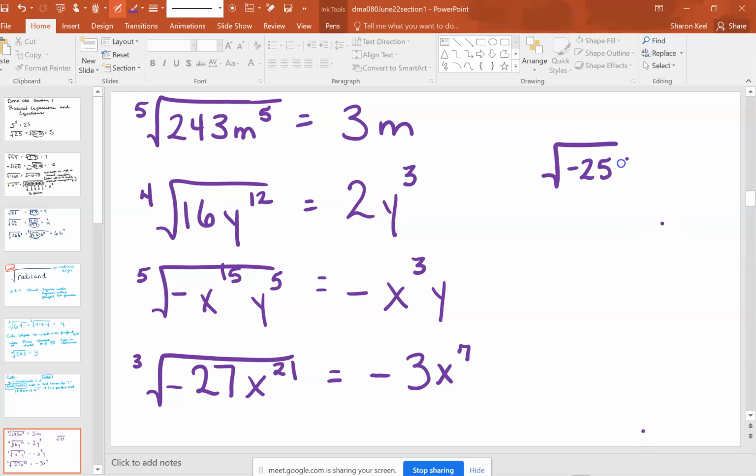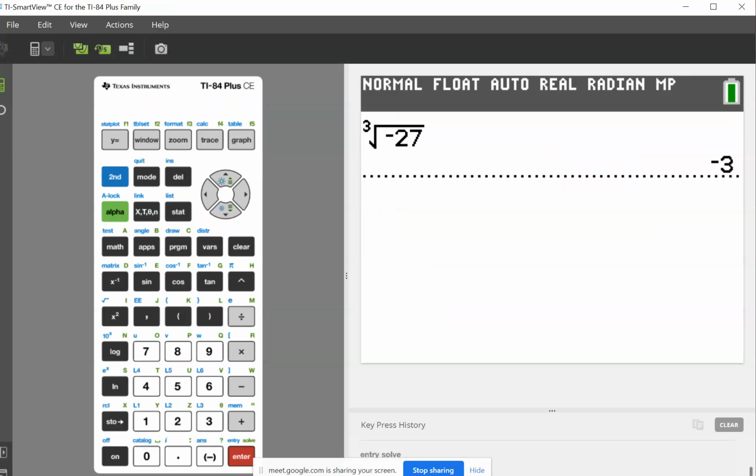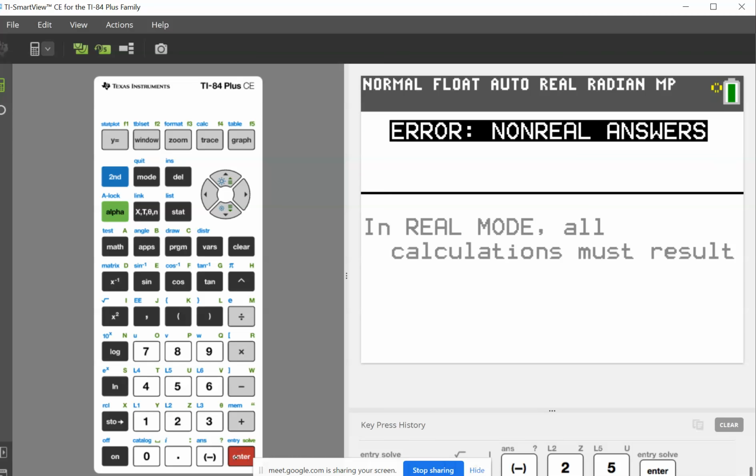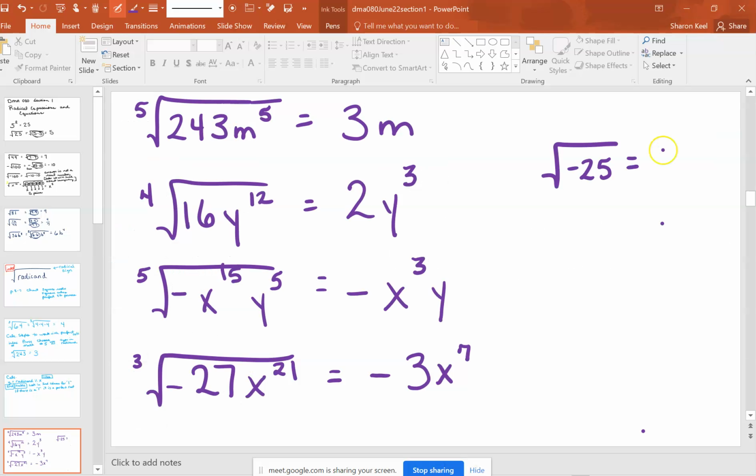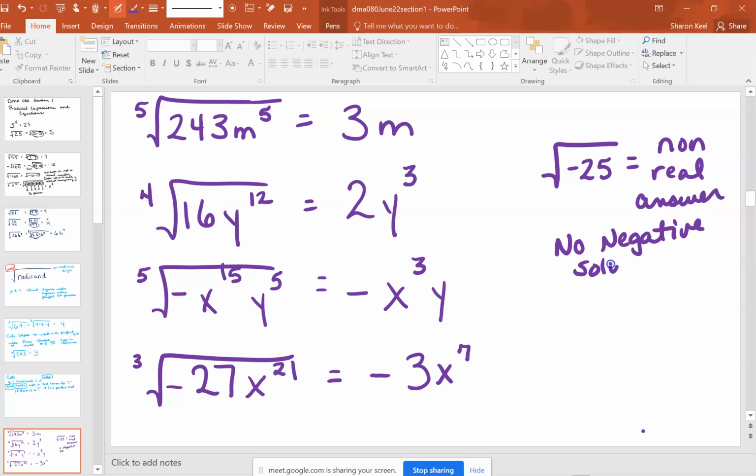If, however, I try to take the square root of negative 25, I'm going to get a non-real answer. So no negative solutions if the index is even.